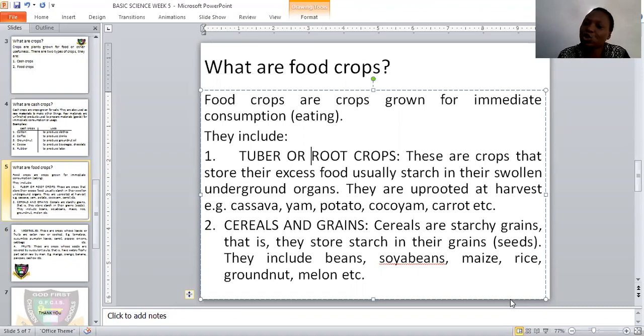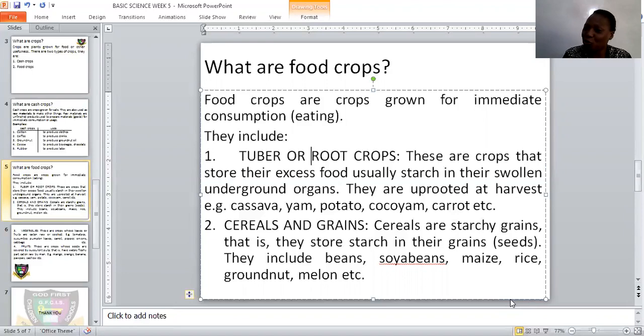They go deep down, and you need to uproot them from the ground to get them. Example, cassava.